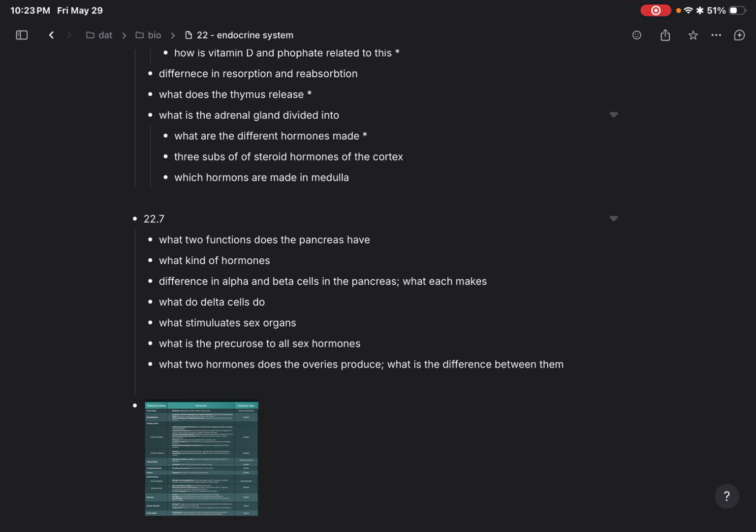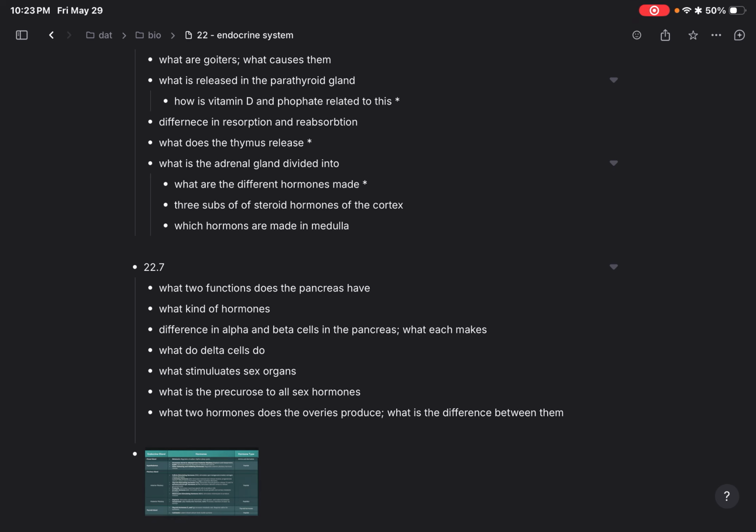No, the cortex is going to make steroids, and the medulla is going to make the glucocorticoids. Or am I wrong? Yeah, I was wrong. The glucocorticoids are the steroids. Oid, that's common sense, bro. Okay, so the cortex is going to make steroid hormones, and these steroid hormones are called glucocorticoids.